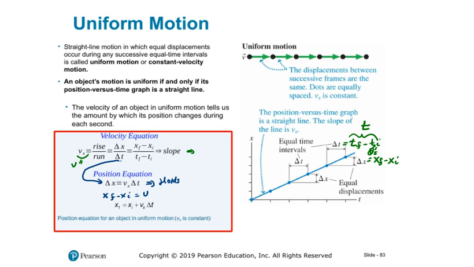I can also put here delta x is equal to x final minus x initial. That's equal to vx delta t. And then this goes to the other side as plus, so I can also find this equation. So all these three equations can be used to solve for values in uniform motion. And again, uniform means in terms of velocity, so it has a constant velocity.